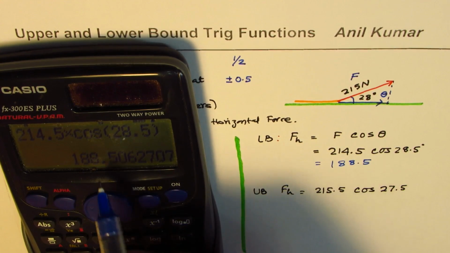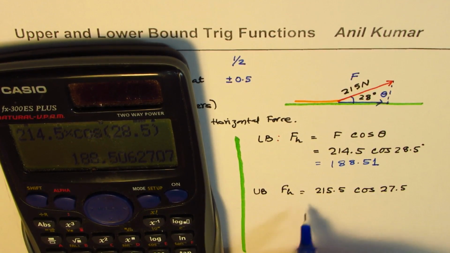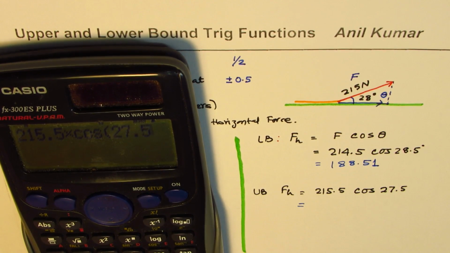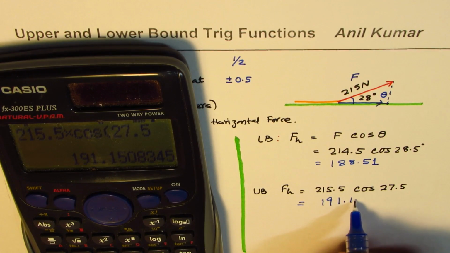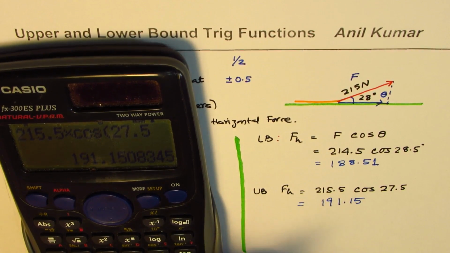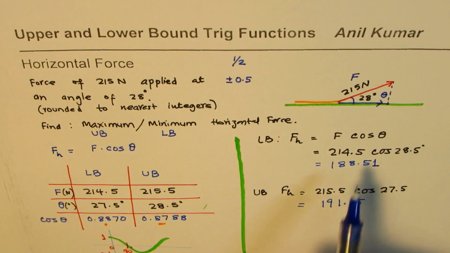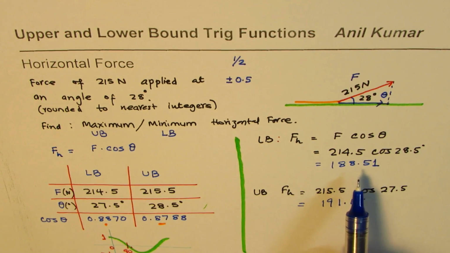Now in this particular case, it is 215.5 times cos of 27.5, which equals 191.15. Do you see that? So the upper bound, or the maximum value which this can take, is 191, right? This is 189 if you round it to whole numbers, correct?